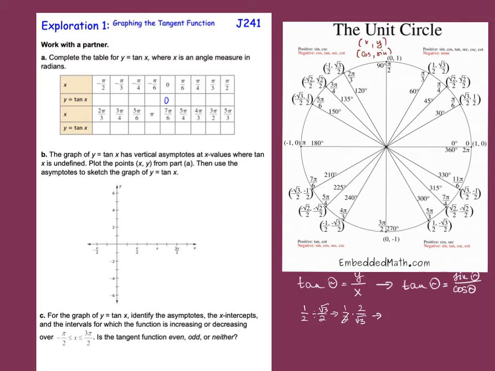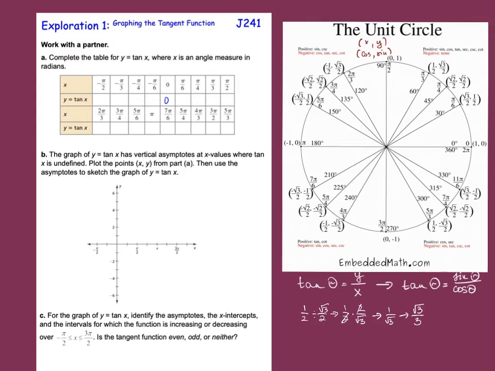So if we simplify by 2, we get 1 over root 3. However, we need to rationalize the denominator. So multiply top and bottom by root 3 over root 3. So that's going to give us root 3 over 3.